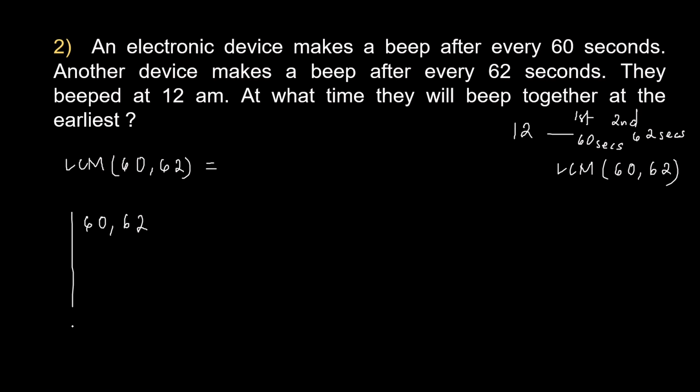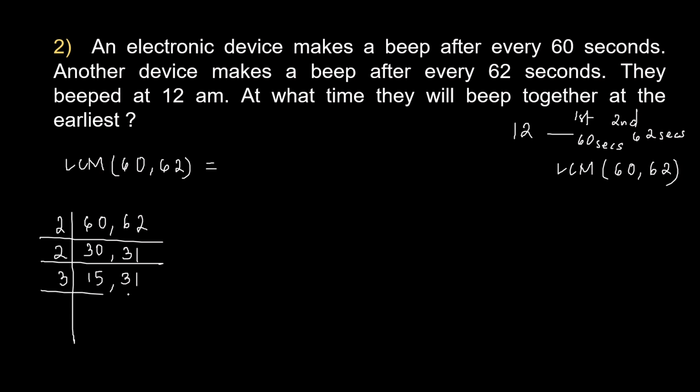So 2 3s are 6, 0, 2 3s are 6, 2 1s are 2, again 2 1s are 2, and 15, 31.